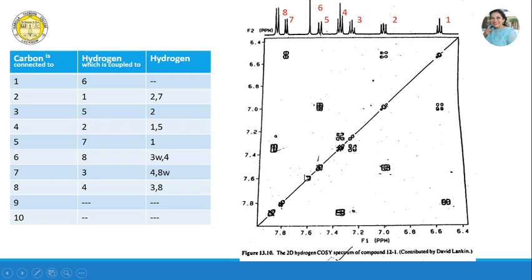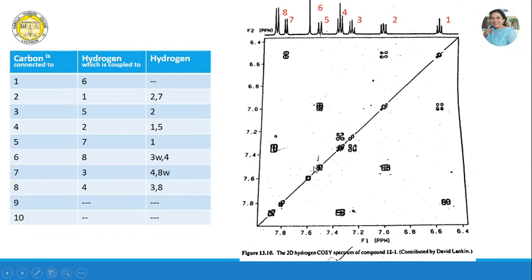If you see this peak, there is no coupling for it. On the horizontal line, there are no dots available, so I put a dash here. As I told you, hydrogen number 1 is linked to 2 and to 7. Then let us see the scenario for hydrogen number 5: 1, 2, 3, 4, 5.